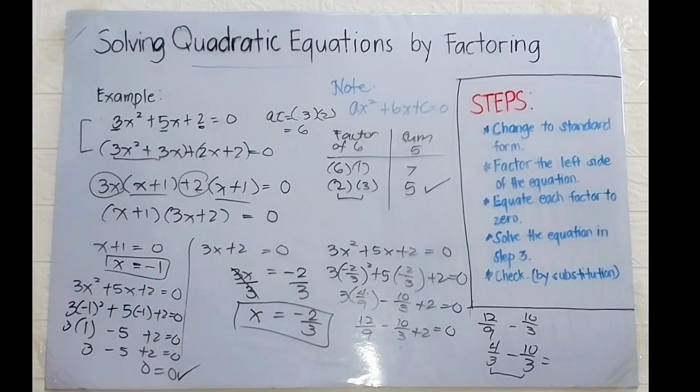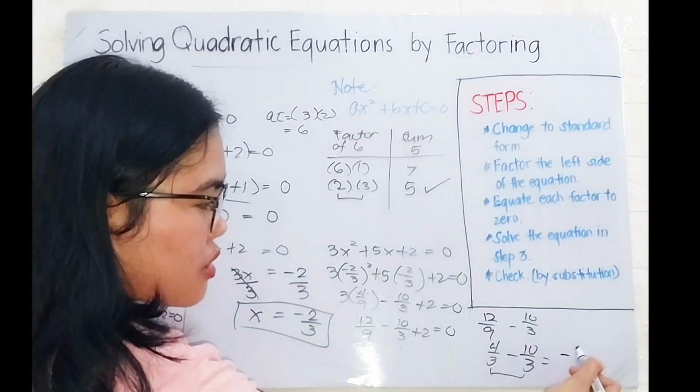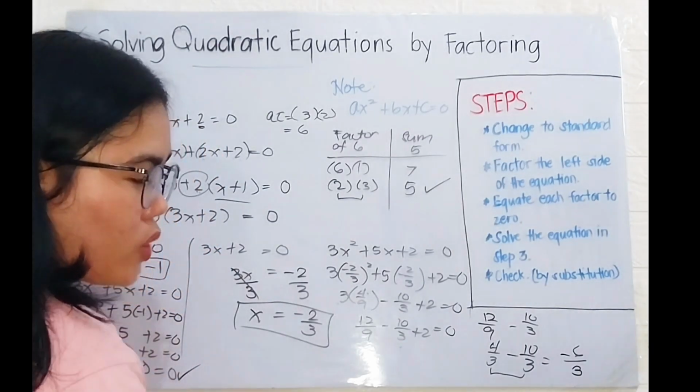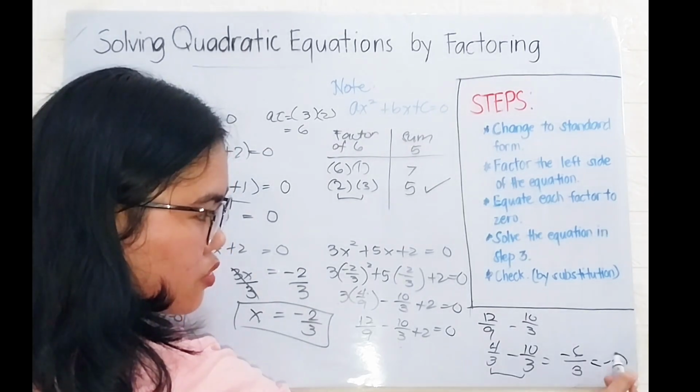In addition or subtraction of similar fractions, ulitin ko, just subtract or add the numerator and then copy the denominator. 4 minus 10 is negative 6 over, copy the denominator, 3. What is negative 6 divided by 3? It's simply negative 2.